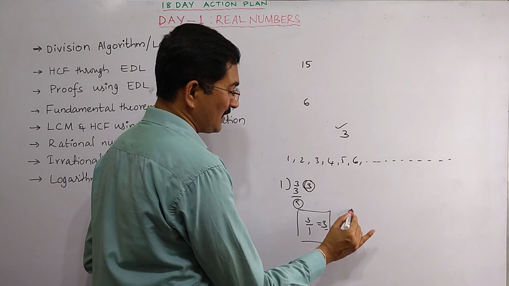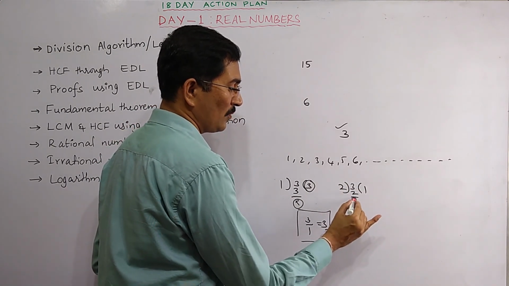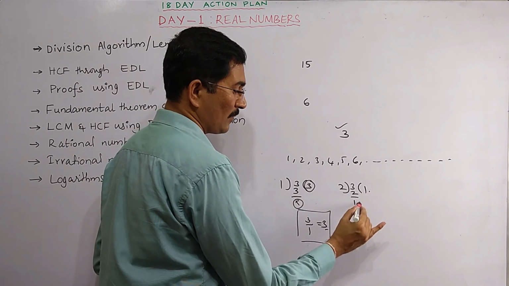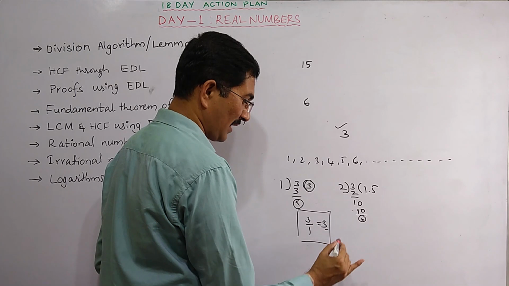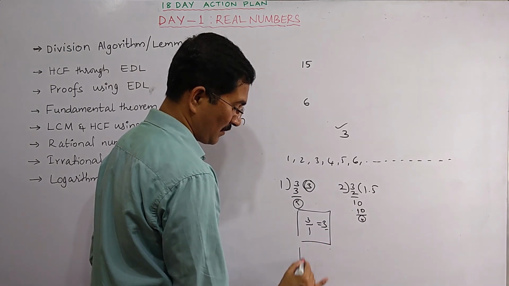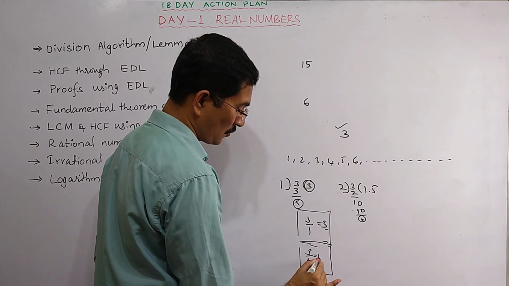So for example, if you are dividing the same 3 by 2, the next one, 2 1s are 2, 1, 2 5s are 10. So you might also get sometimes the decimal. So 3 by 2 is equal to 1.5.